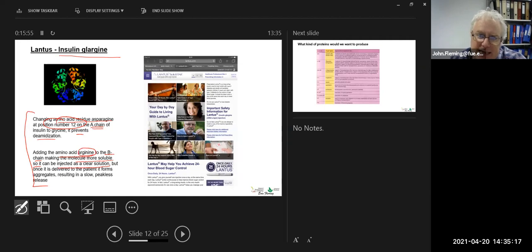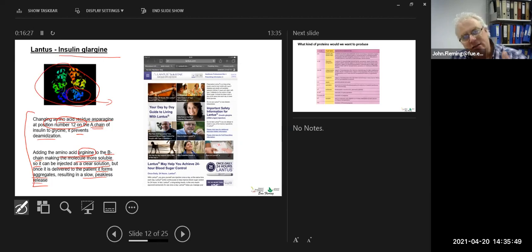But then once it gets into the patient, there's a change in the pH to neutral pH that promotes the aggregation of the insulin. Okay, so it forms this sort of aggregate here. And what this means is that there is a slow deaggregation with the release of individual insulin monomers, one at a time from the aggregate, leading to a slow, peakless release of the insulin.